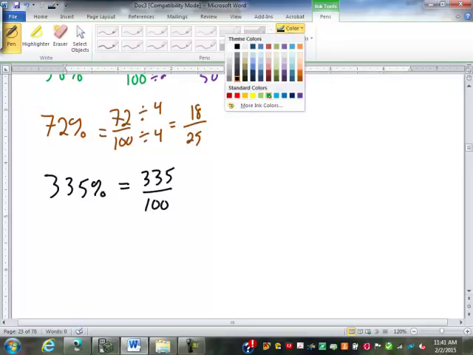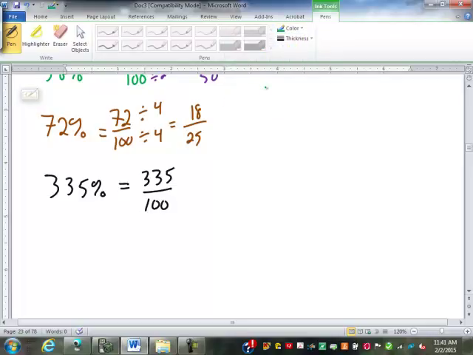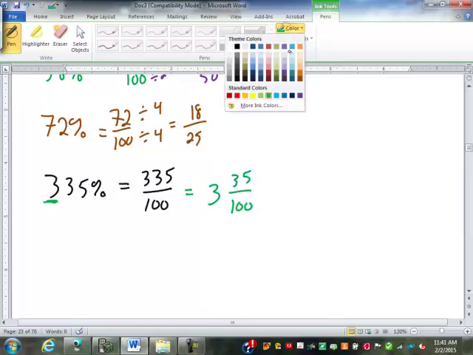But when we look at this one, we realize that's an improper fraction. We can take out a whole number. Anytime our percent is larger than 100, of course 100% is a whole thing or one object, anytime the percent is bigger than 100, it's going to be bigger than 1. So usually it's easiest to turn it into a mixed number when it's still over 100. 100 goes into 335 3 times with 35 left over, so 35 hundredths.